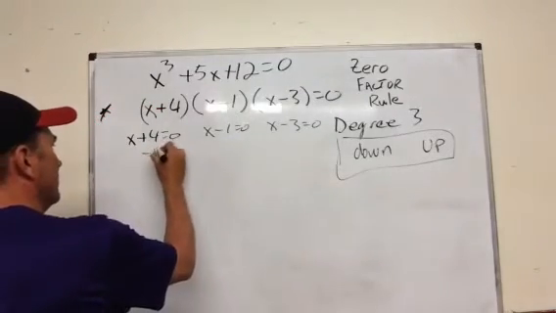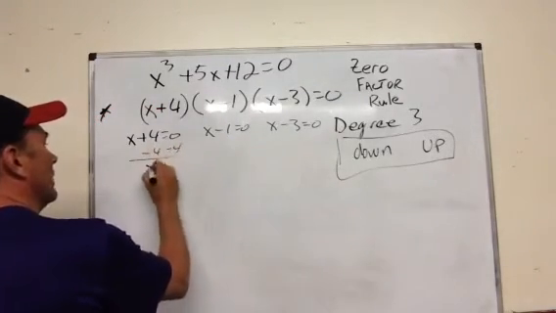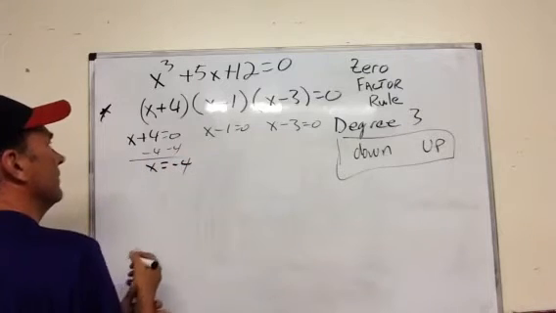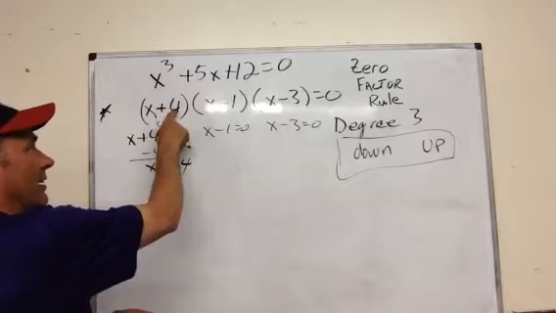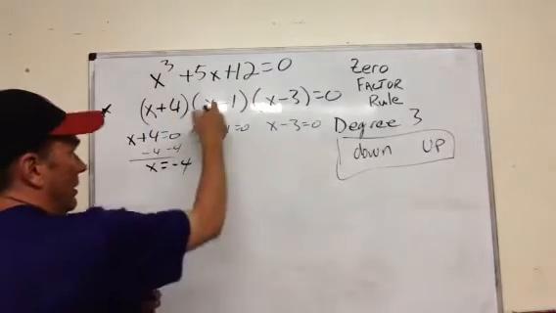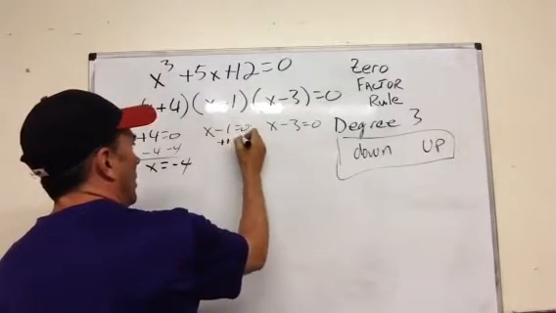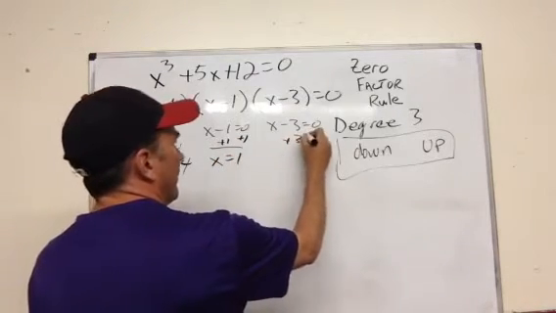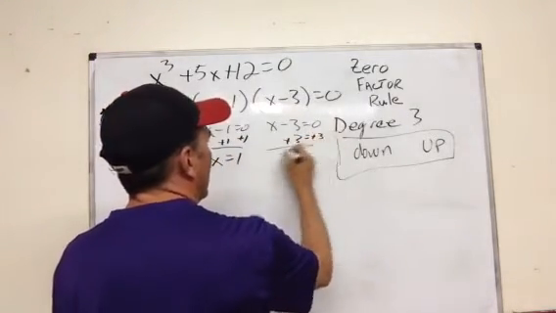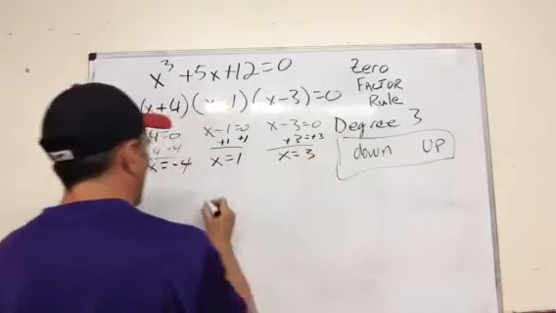To solve these, add negative 4 over here to get x equals negative 4. If you notice, it's always going to be the opposite sign in solving this. Right? Add 1, x equals 1. Add 3 here, and the other zero is 3.